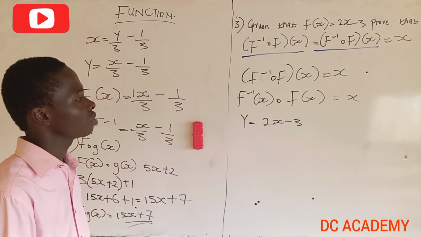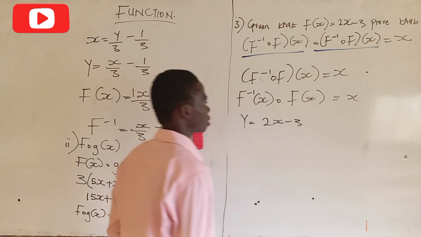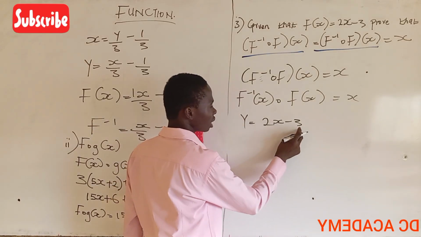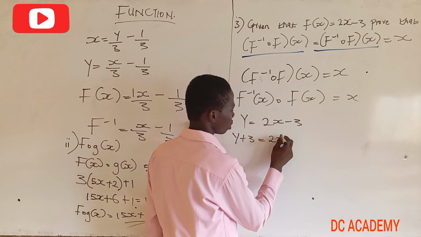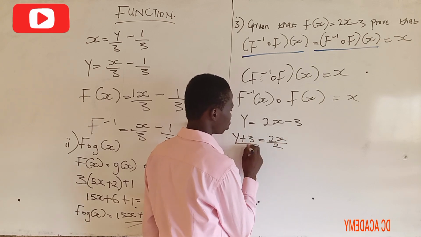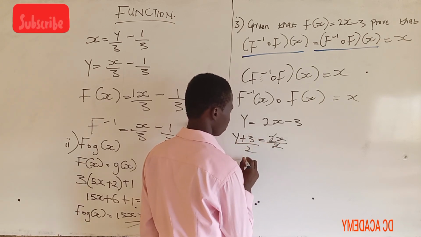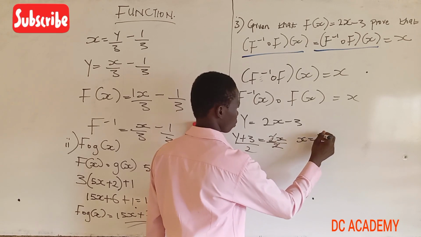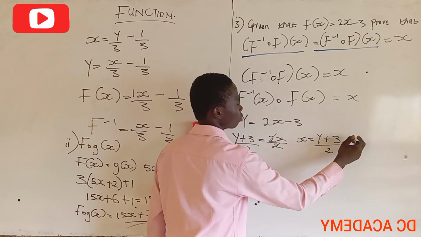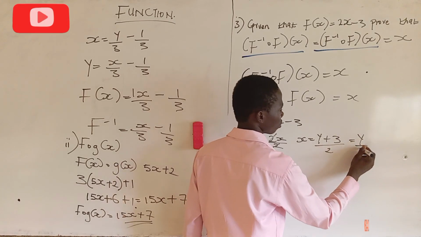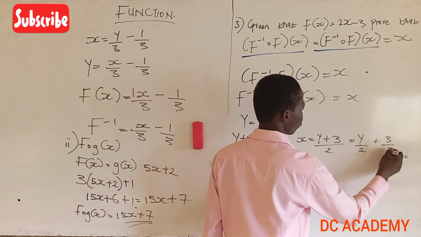You can see it now. So if y is equal to this, then take this over here. Now we have y plus 3 is equal to 2x. Divide by 2. We now have x is equal to y plus 3 over 2, which can be written as y over 2 plus 3 over 2.